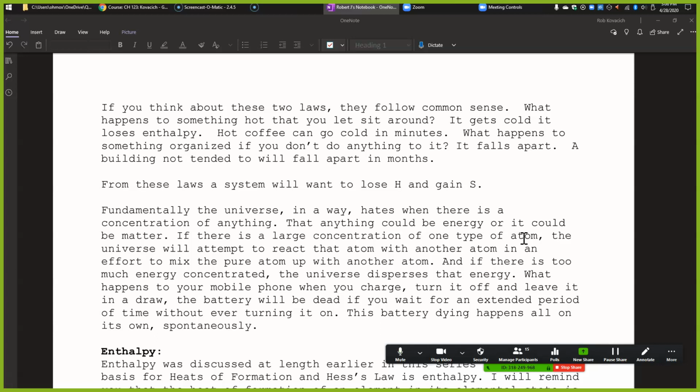So the universe is against most things. The universe wants everything to lose all of its energy, and the universe wants everything to lose all of its order. It wants it to become more disordered. If the universe had its way, every single thing in the universe would be a hydrogen atom.